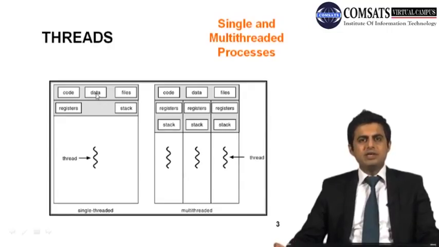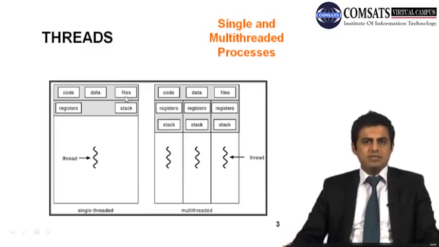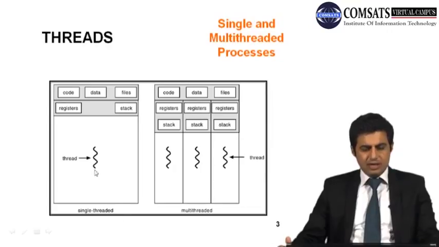The data is basically the input data you are getting or the output data you are showing, and data could also be saved data in file format, because you can take input from files and also write output to files. So this code, data, and files are shared by threads. In this single threaded system, this thread gets code, data, and files, but it has its own registers and stacks.